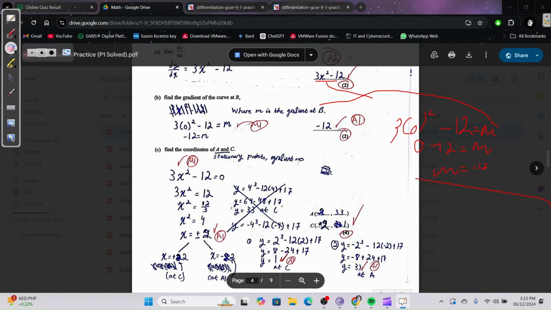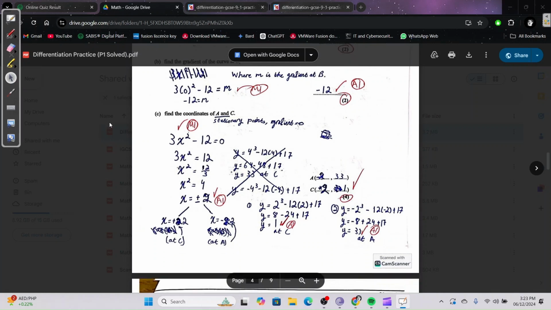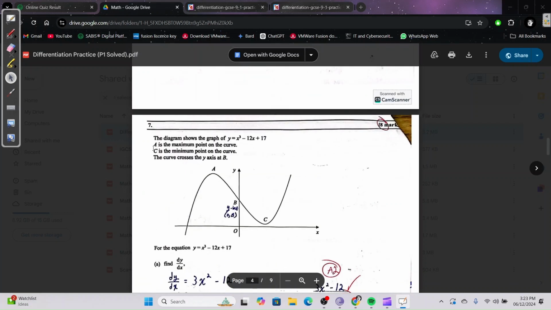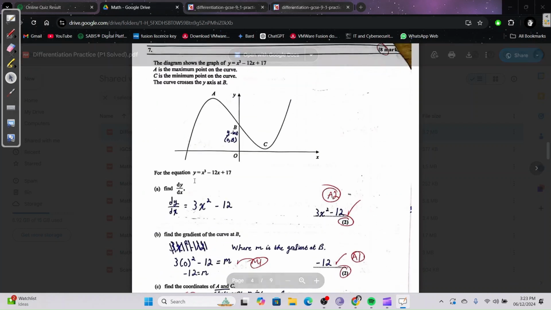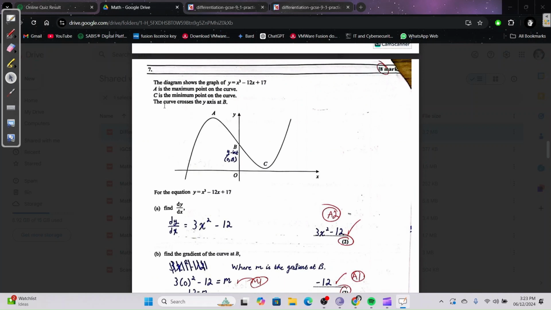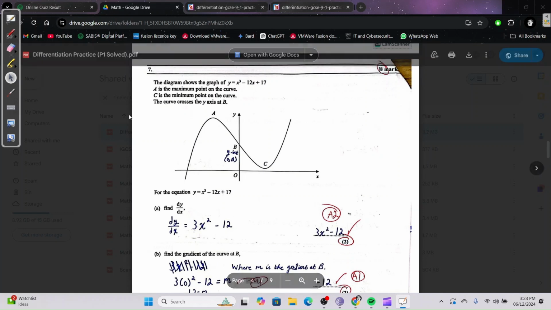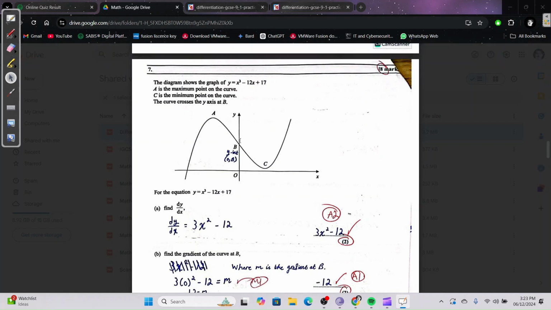Okay, that's part B. Part C, find the coordinates of A and C. So again, it was given to us. A is the maximum, C is the minimum. So knowing that those are our stationary points, right? Stationary points are the vertices. These are the vertices. So that means our derivative has to equal 0 at these points.